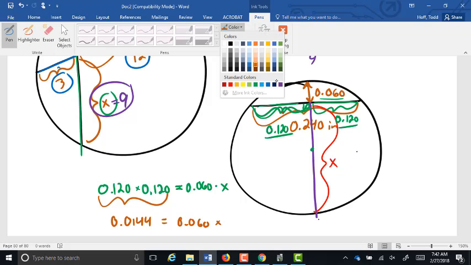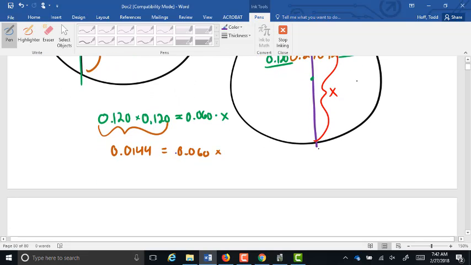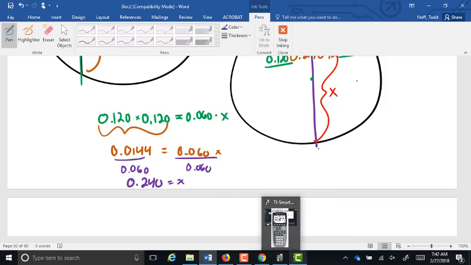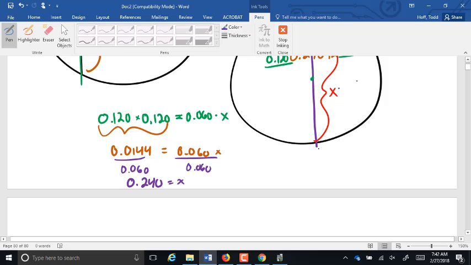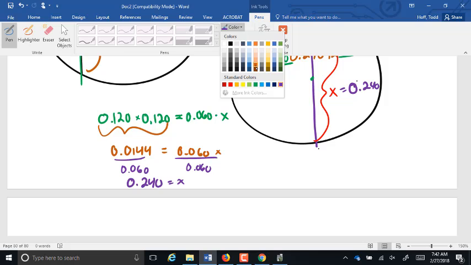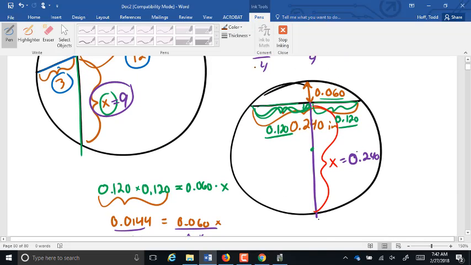Now I'm going to divide by the 60 thousandths. Which gives us what? 0.240. Does that look right? Yeah, so x is 240 thousandths. So that gives us that we must use a piece of stock that has a diameter of 300 thousandths, or 3/10 of an inch.